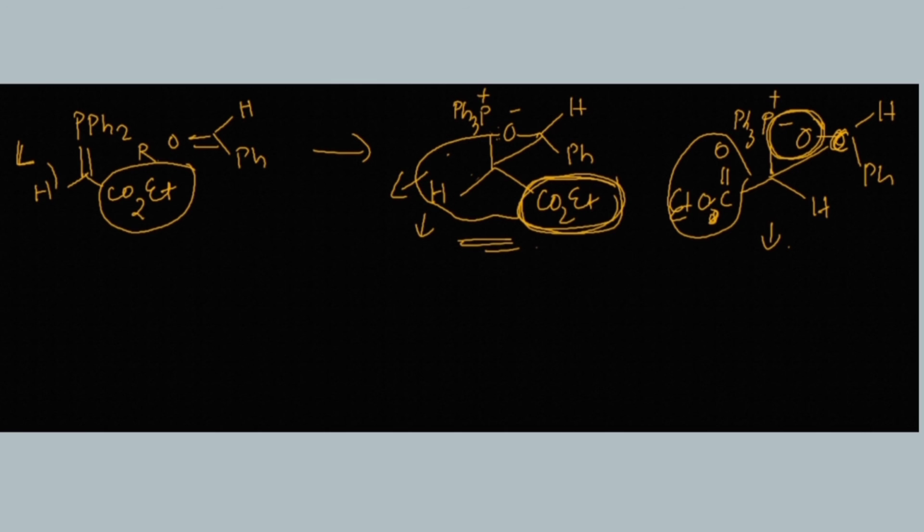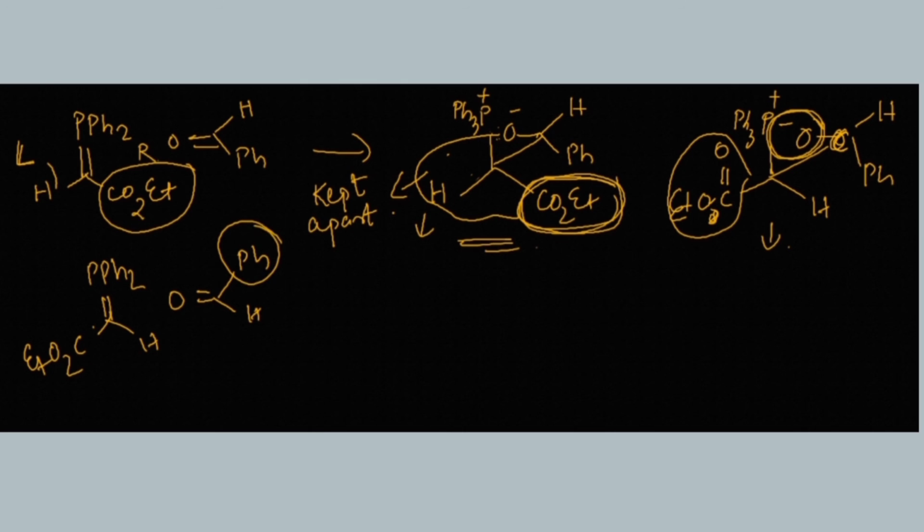They must be kept apart. If we take CO2Et on the right side like this, then the approach of the carbonyl group will be like this. The Ph will be on the top if we take it on the left side. Okay.